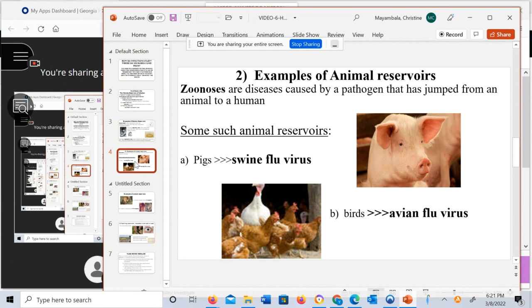Avian flu virus lives primarily in birds and other fowl that we potentially use as food sources. Turkeys and chickens could be a source of various viruses.